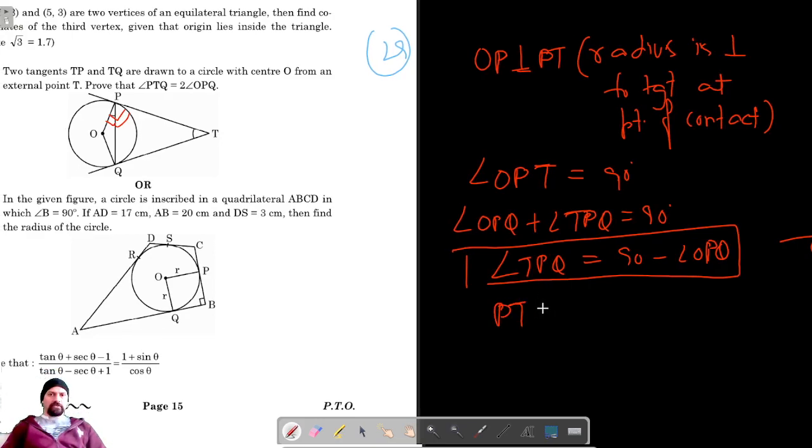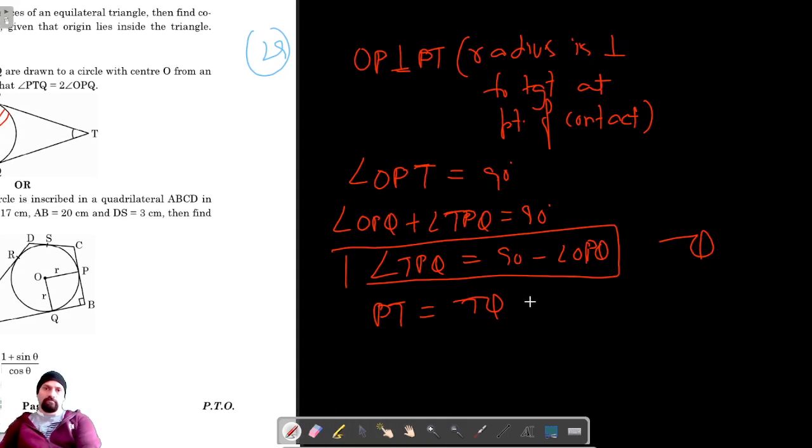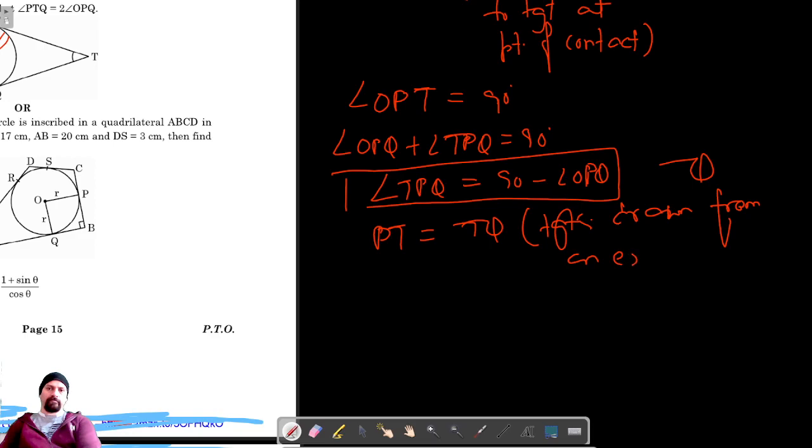Now PT is equal to TQ because tangents drawn from an external point to a circle are equal.